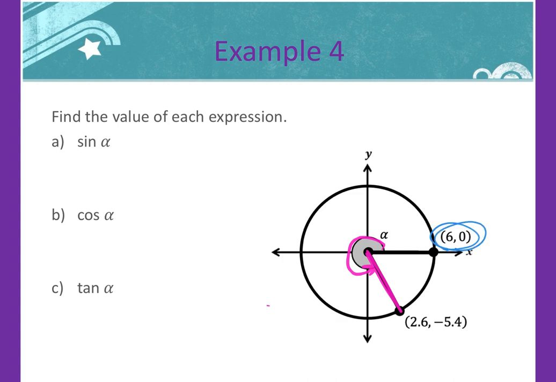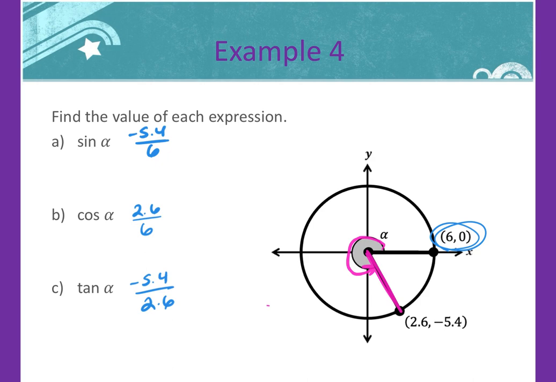So the sine is the y, negative 5.4 over 6. I'll go back and we'll actually get these into decimal form, but sometimes you'll be asked to leave them exact. The cosine is the x, which is 2.6 over 6. And the tangent is the y over the x, so negative 5.4 over 2.6.